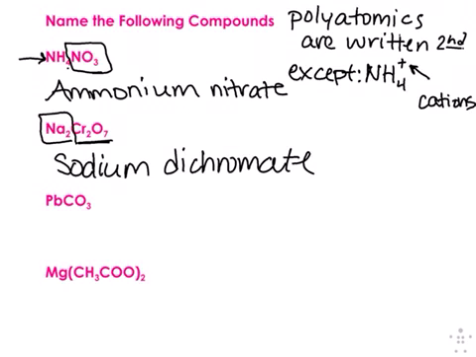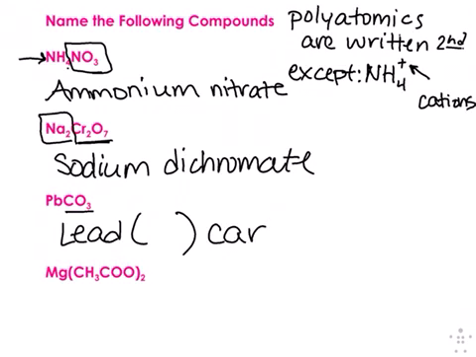And that's really all there is to it, except in our next example, Pb is lead. Lead gets treated like a transition metal. And then you name your CO3. You look that one up on the chart. Carbonate. Good.